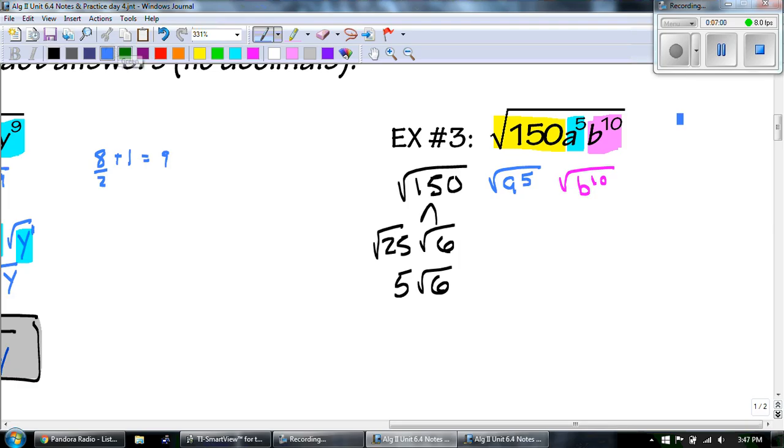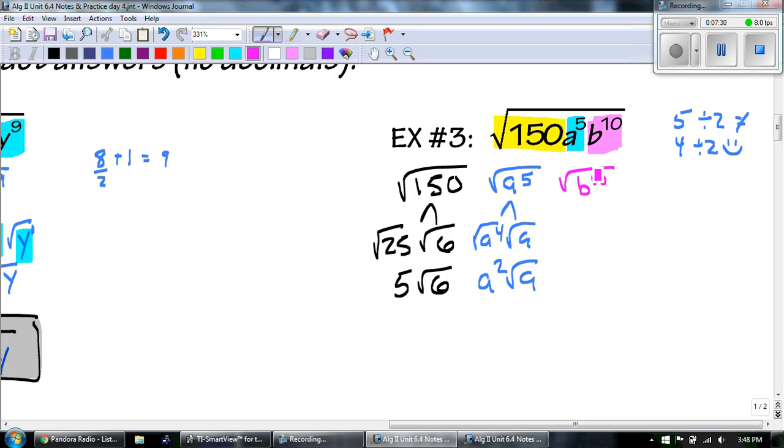Now, if you go off to the side and do 5 divided by 2, you know that it doesn't work out perfectly. So I want to find the biggest number that does. So when I break this down, it's going to be a to the 4th and a. 4 divided by 2 is 2, and then I'm left over with a.